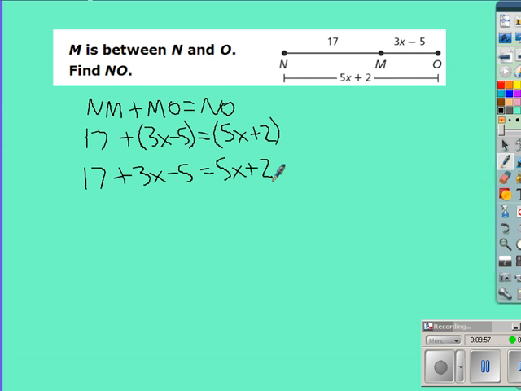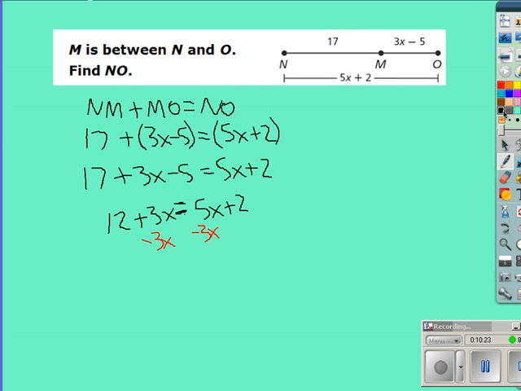I'm going to combine my like terms. 17 and 5 don't have an x with them. So 17 minus 5 is going to give me 12. I still have a 5x plus 2 over here. Okay. Now I'm going to get all my x's onto one side. I'm going to subtract 3x from both sides.